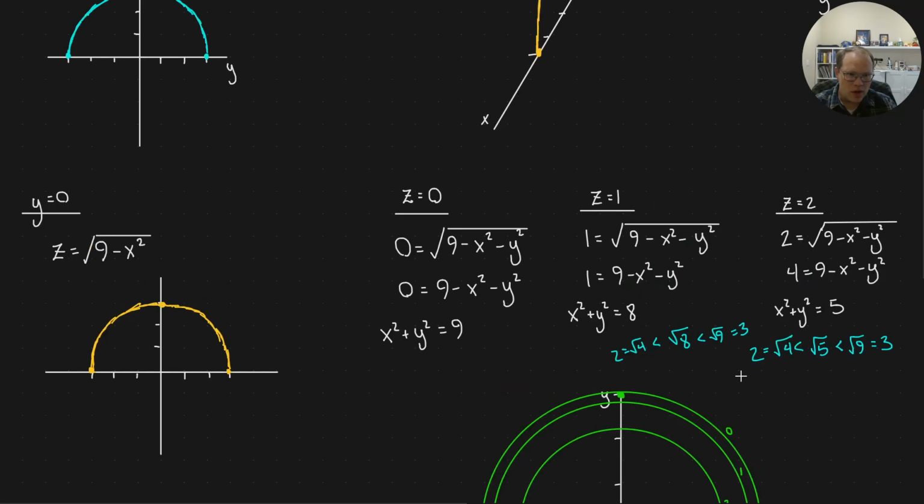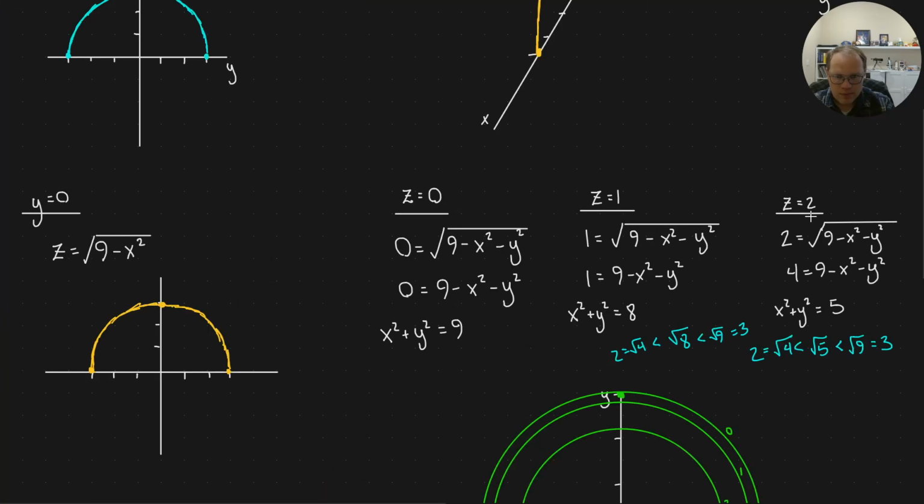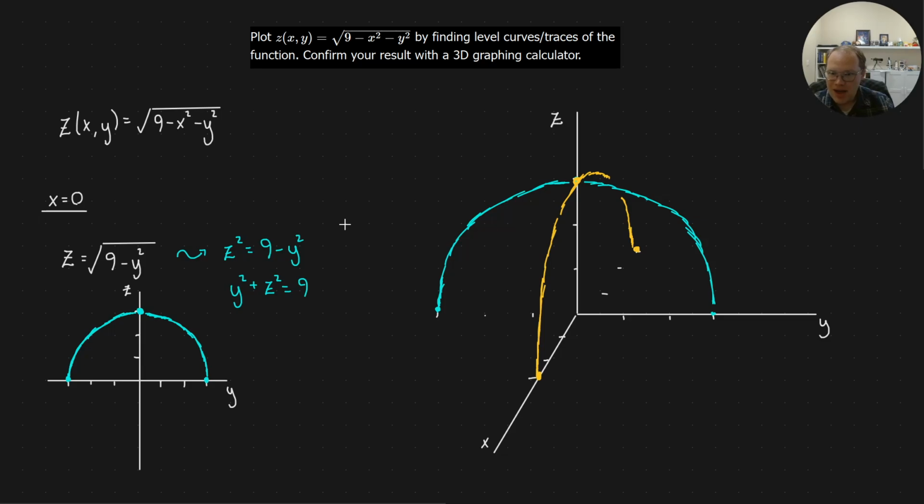And let's just do one more. And the reason why I say one more is I cannot possibly go past z equals 3. Z equals 3 is the highest possible z I'm going to have. Why? Remember, I need a positive number under this root.